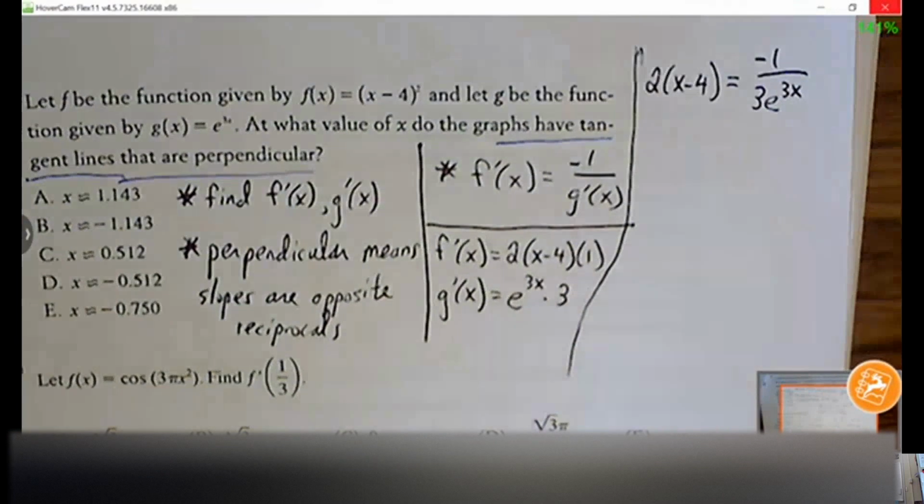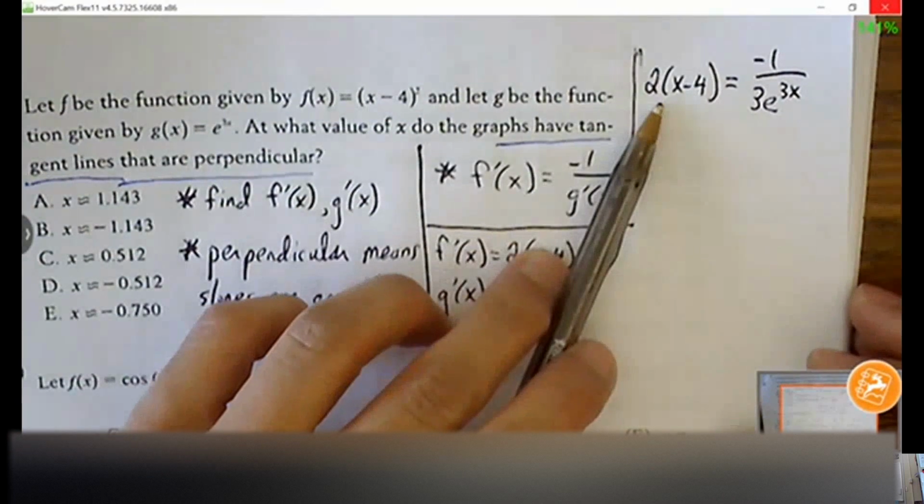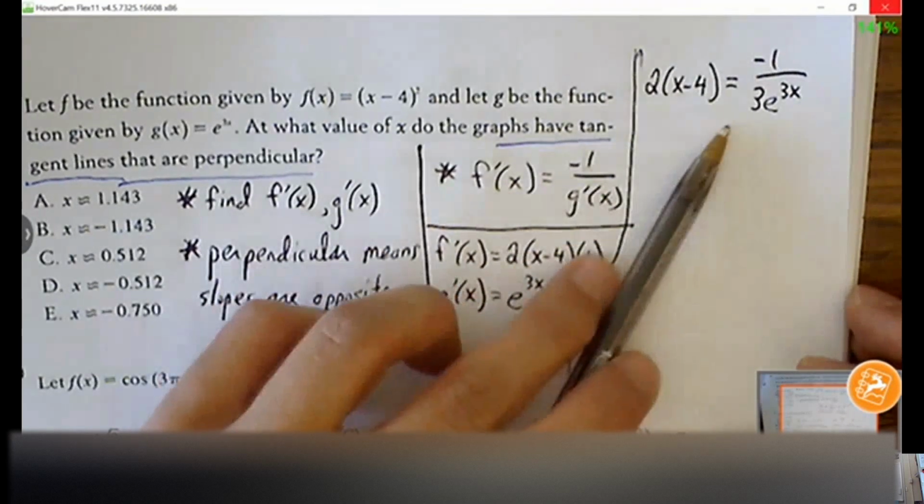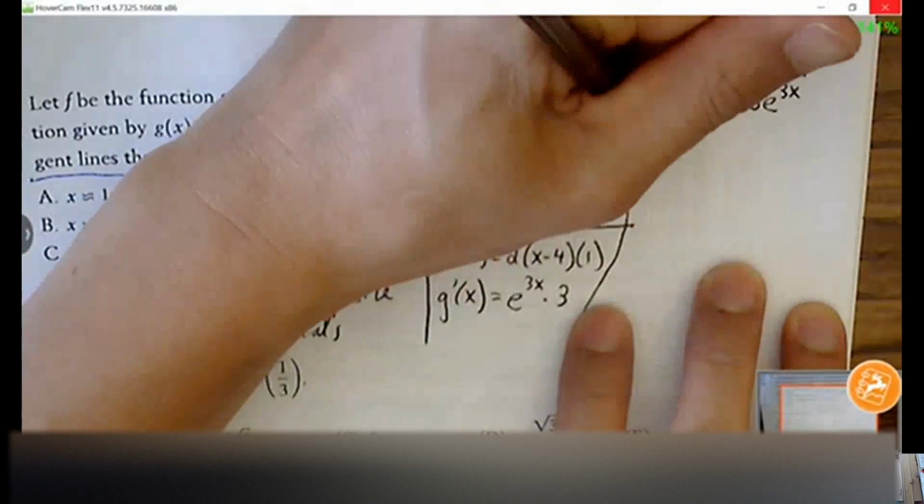All right, so I'm just going to distribute this through, and then maybe I can cross multiply here, see where that takes me.